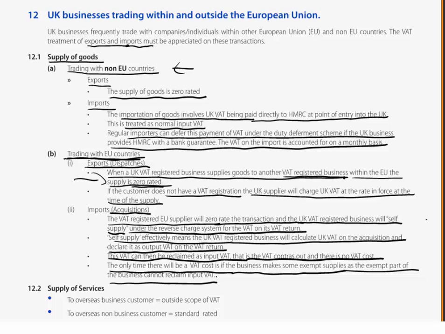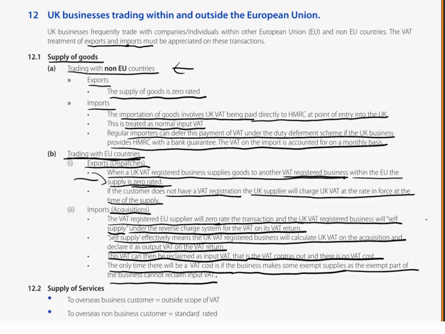Because if we then go on to use whatever we have bought in making what is for us within the UK an exempt supply for VAT purposes, it means that then we cannot record on our VAT return input VAT of £20,000. We will not get that £20,000 back as input VAT on our VAT return. So we will have ended up paying out the extra £20,000.